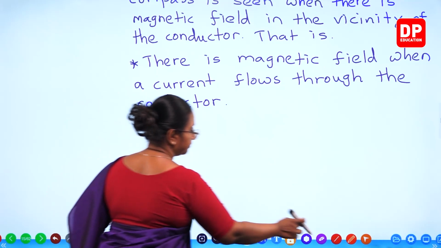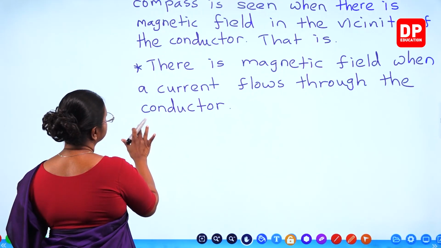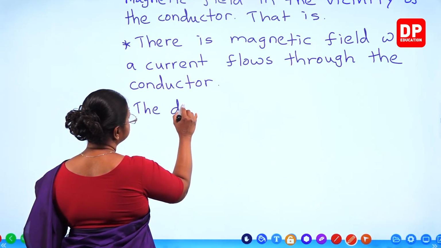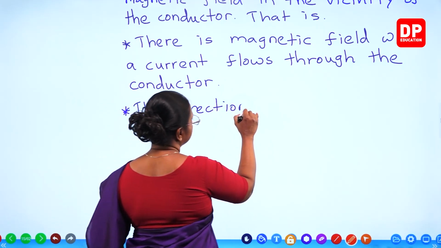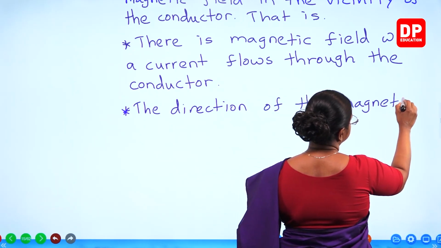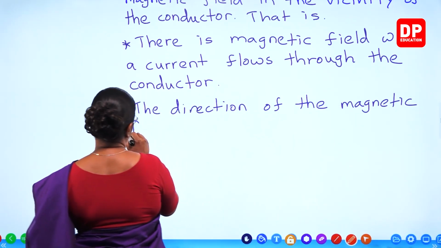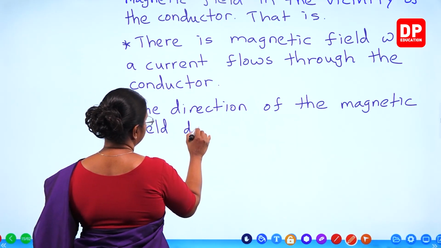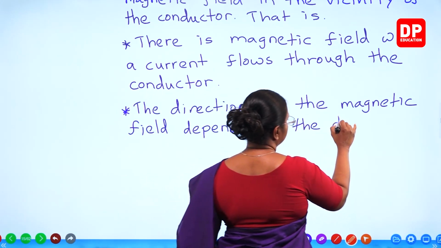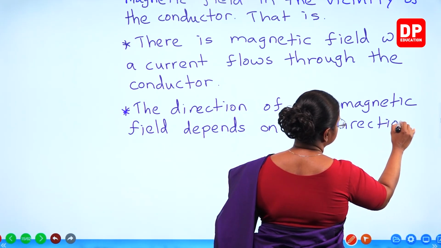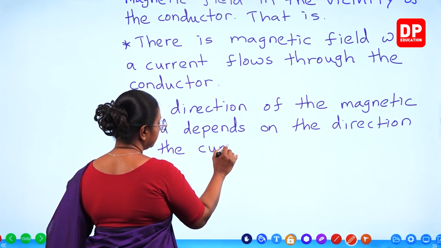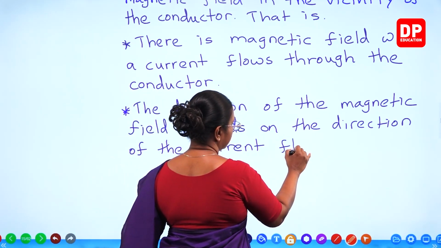Then we can say the direction of the magnetic field depends on the direction of the current flow.